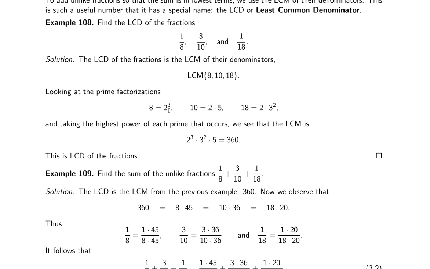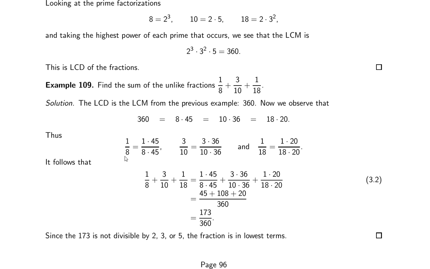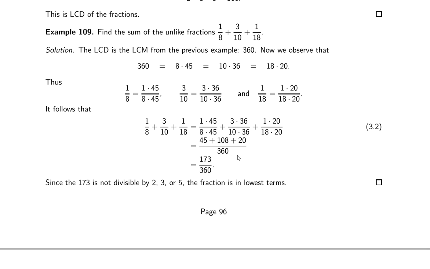So the 8 needs 3 2s, the 10 needs a 5, and the 18 needs 3 2s. So that's 360. So the LCD is 360. And then you can see what you need. So 8 times 45, so you need 45s here. 10 times 36, 36 is here. And 20s here. So it's a lot of work, this question, if you have bigger numbers.